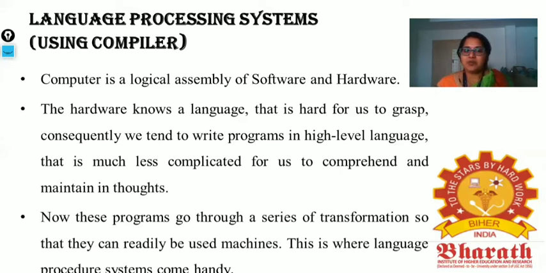Here the hardware knows the language which is hard for us to understand. Obviously, we tend to write a program in the English language, that is the high-level language, which is complicated or complex for the machine to understand. So what the compiler does is transform the high-level language into the low-level language which the machine can understand.